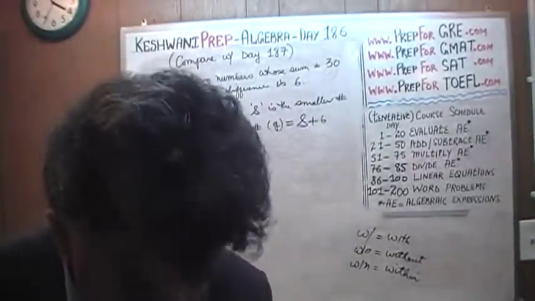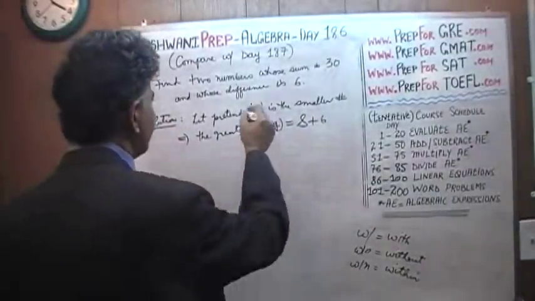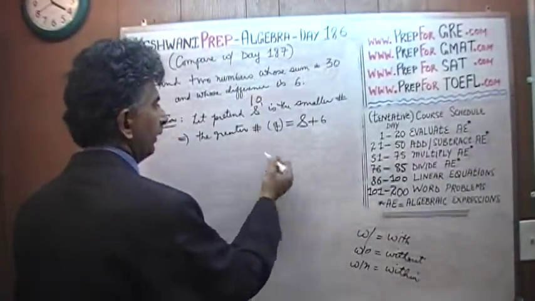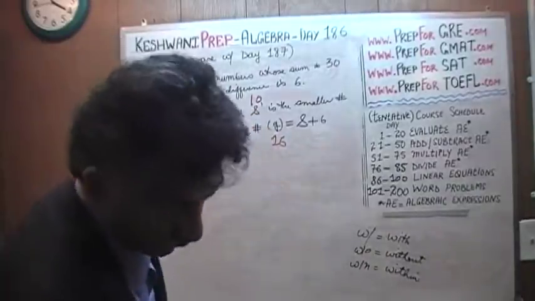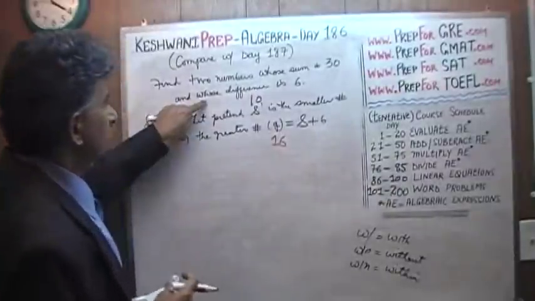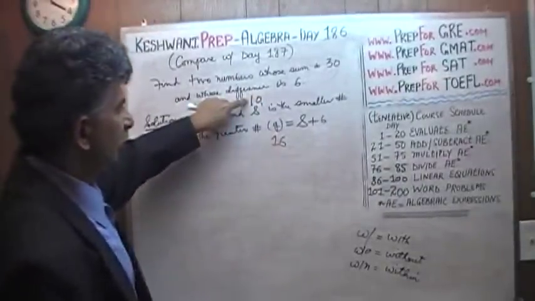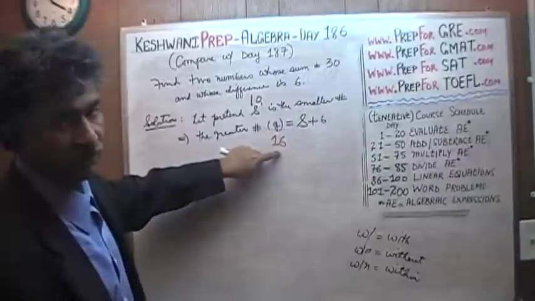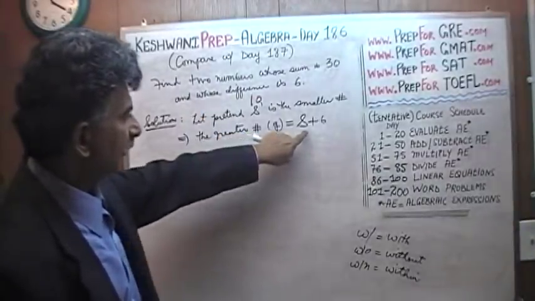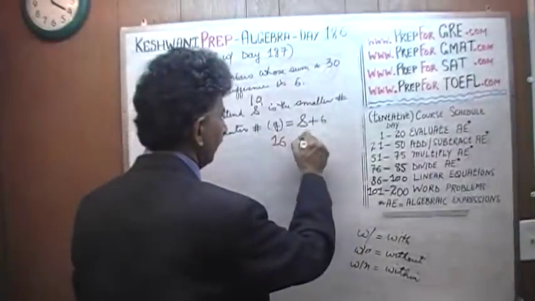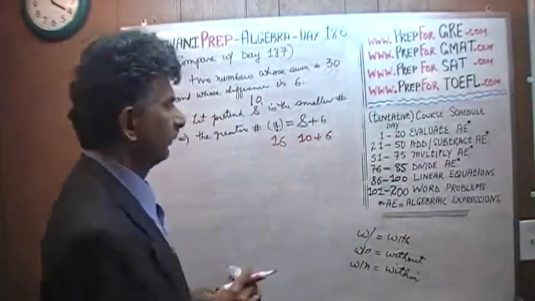For example, if the small number happens to be 10, then the greater number would have to be 16, because their difference is 6. Therefore the greater number is whatever the small number is plus 6 more.